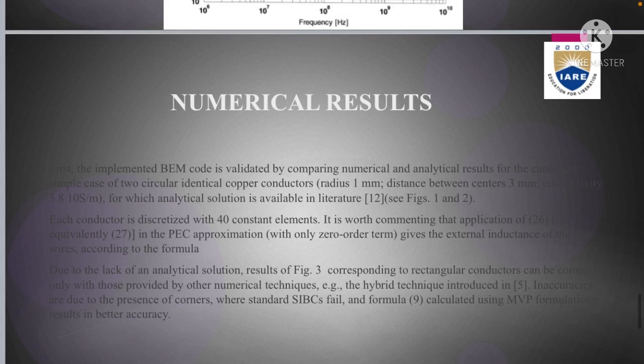Each conductor is discretized with 40 constant elements.